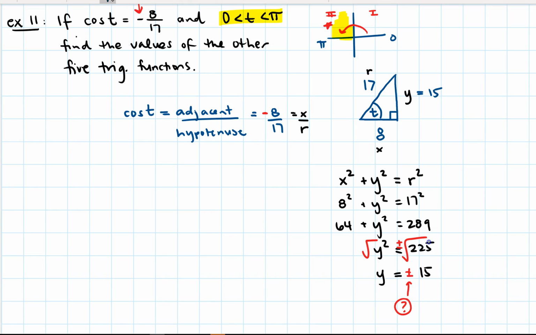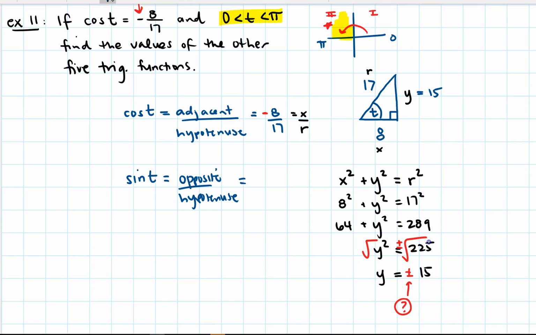So let's go ahead and calculate sine of t. My next natural approach from here, I can use the legs of the triangle to help me out. Sine is always the opposite over the hypotenuse.